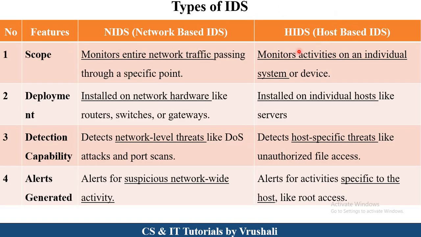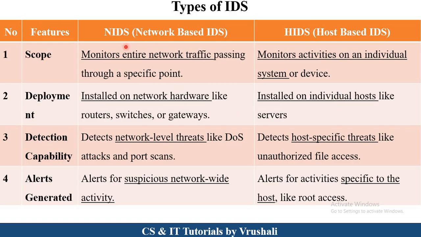But host-based IDS monitors a particular individual system or device. NIDS software is installed on network hardware like routers, switches, or gateways, which are connected to the different networks. But host-based IDS is installed on a particular individual device like a server.